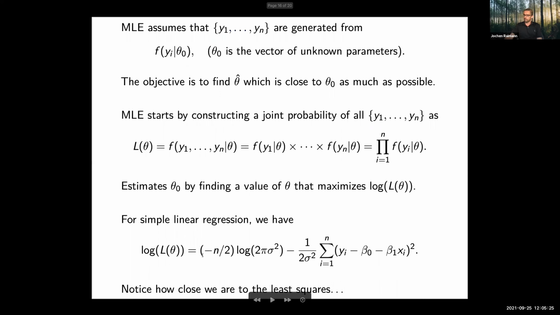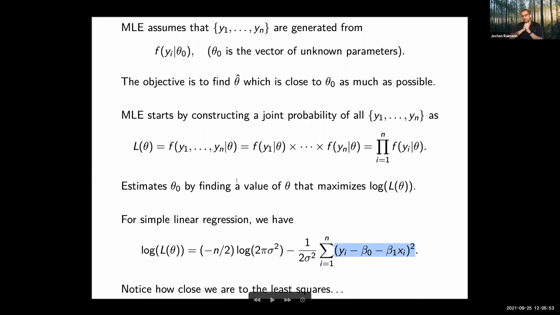Reforming that and log transforming it gets you to this equation, which is notably quite close to the least square method. However, it's different because now we're maximizing likelihoods rather than minimizing differences. That makes the difference.